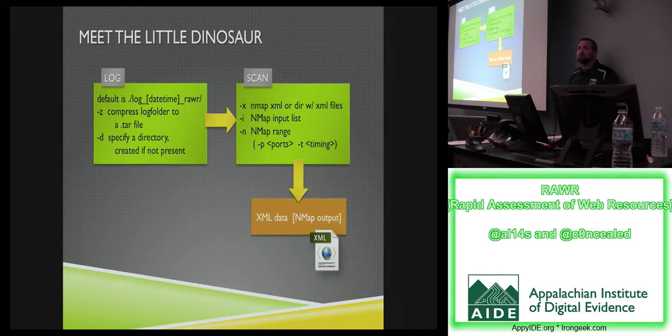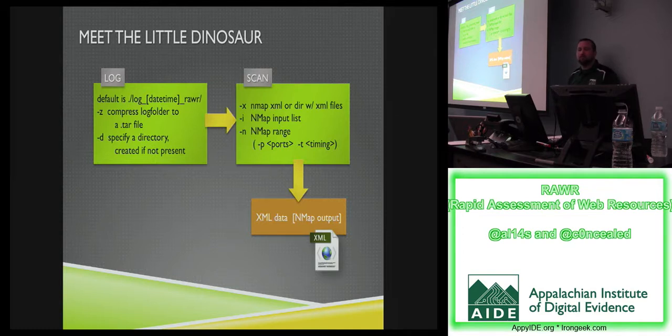So with an Nmap scan, if you tell it to output with XML, RAWR can take it in and parse that for the web hosts. It can take an Nmap input list, just a list of IPs in a file. I think it's return separated. This is a regular file, or -i to use any Nmap range.